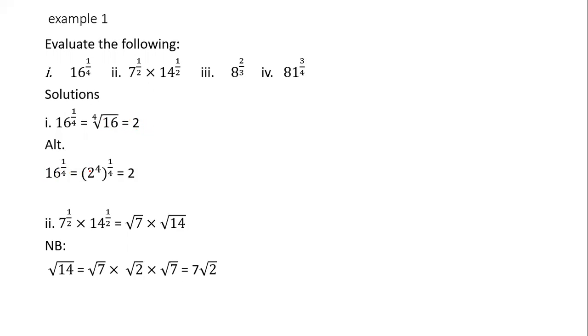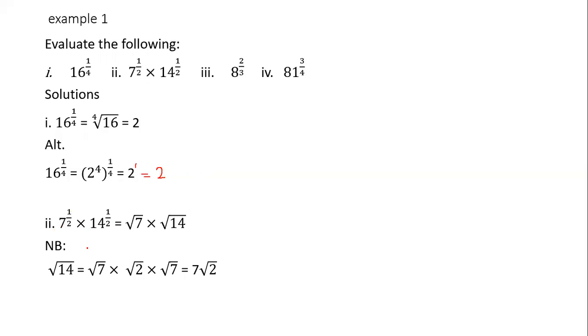So we get 2 raised to the power 4, all raised to the power 1 over 4. So we can multiply the powers, and that will give us 2 raised to the power 1. And 2 power 1 is the same as 2. Good. Let's go to two.